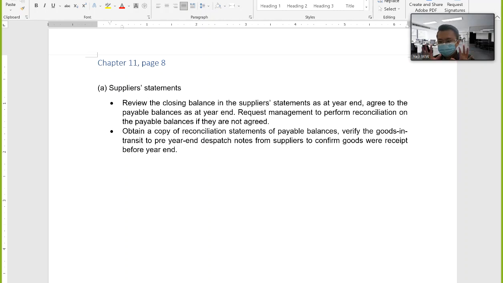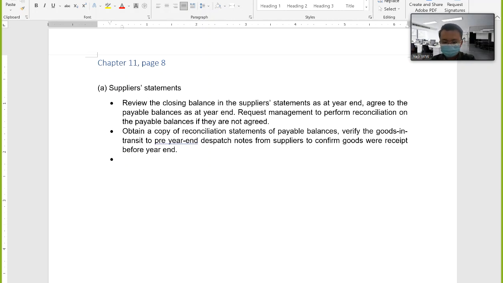Another reason is because of cash in transit. I make payment to supplier. From my account, I have reduced the payable balance, but supplier hasn't received the money, so got a difference.